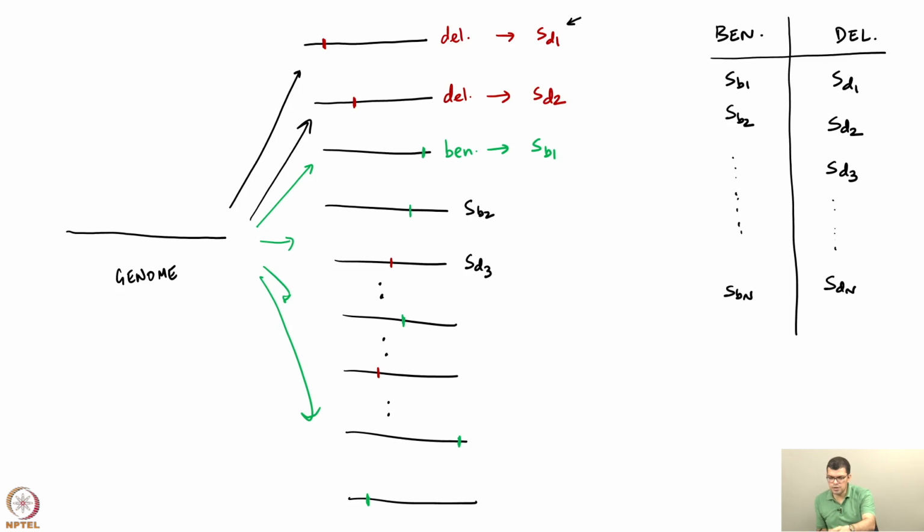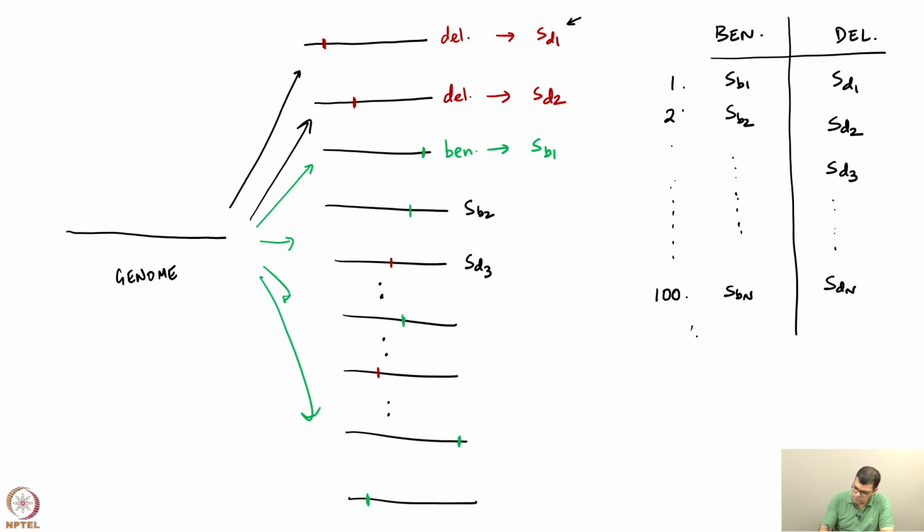These are individual values of the selection coefficient associated with beneficial or deleterious mutations that are randomly introduced in a genome that I wanted to study. Let us imagine that the number of mutations that I studied was 100 in each case. So, n is equal to 100. I studied 100 beneficial mutations and I studied 100 deleterious mutations.